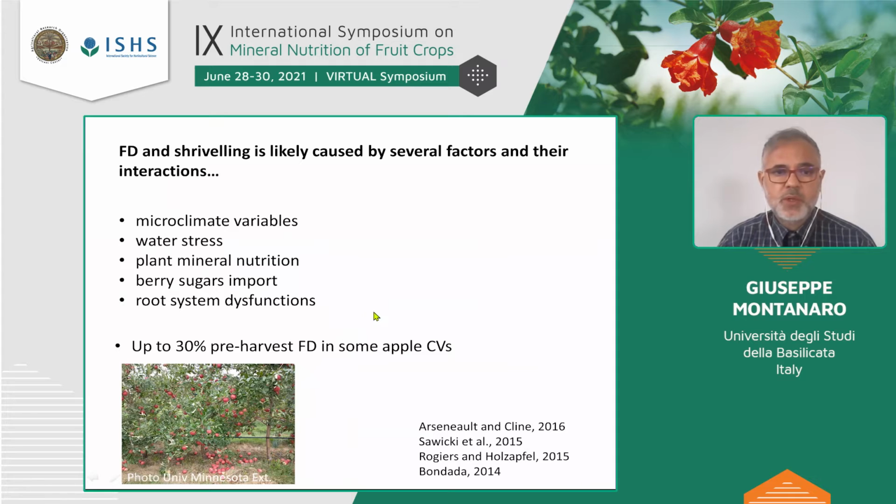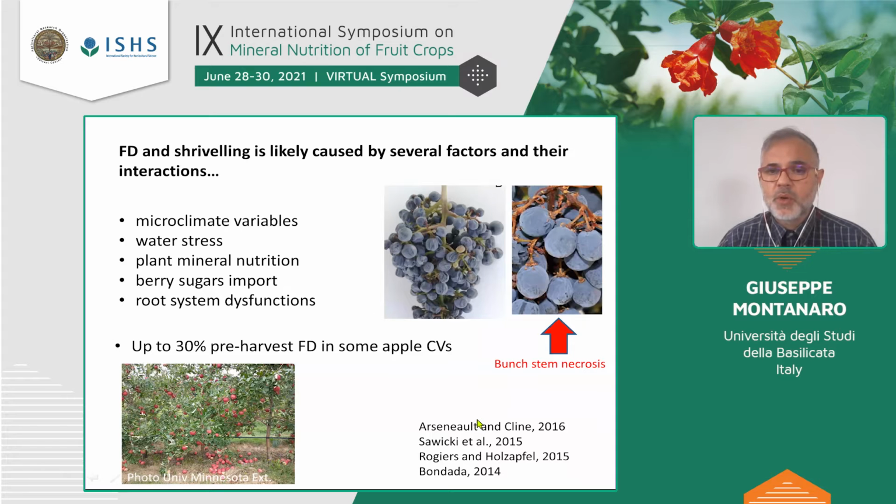Fruit drop is quite common in other crops, such as apple, and it can reach up to 30% in some cultivars. The factors involved range from microclimate variables, water stress, plant mineral nutrition, and berry sugar import, and also root system dysfunction.